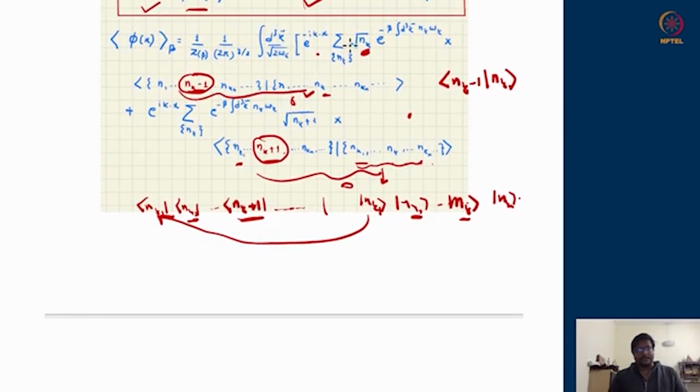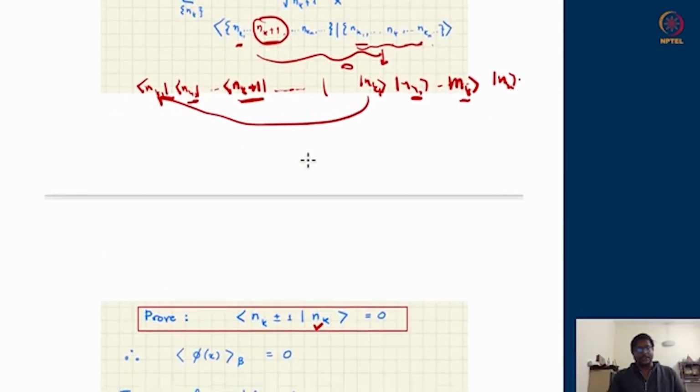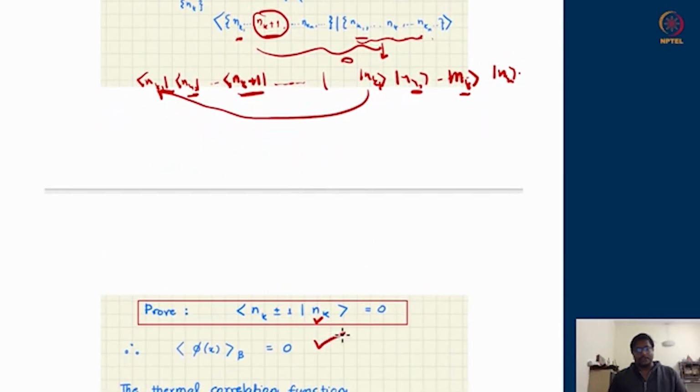So therefore nothing survives in this computation, and the field expectation in the thermal state becomes identically 0. This is a fairly simple exercise. You should be able to prove it even for harmonic oscillators. Different eigenstates of the Hamiltonian are orthogonal, as simple as that. So therefore you see, like the vacuum state, the expectation of the field is 0 in this state as well.